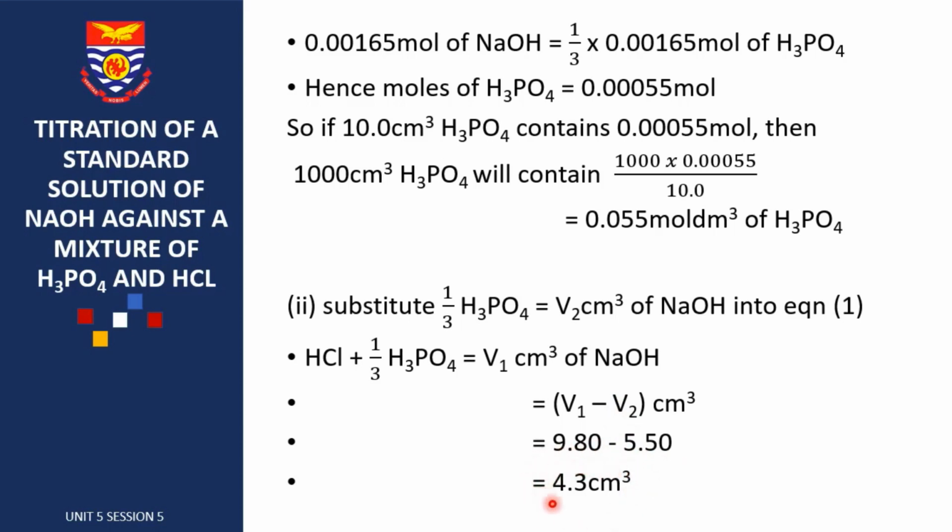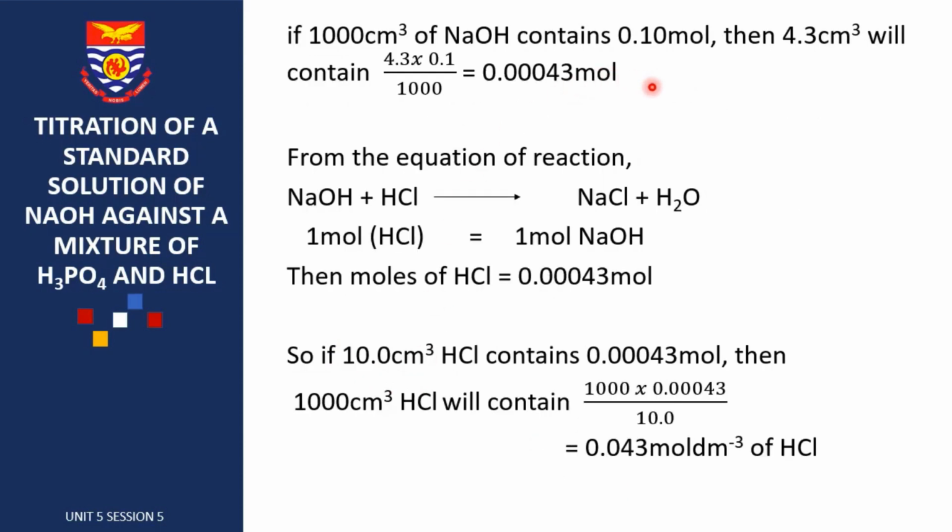So it is 4.3 cubic centimeters of the sodium hydroxide that completely reacted with the hydrochloric acid. Alright, so now that we know the volume of the sodium hydroxide that reacted, we can convert it into moles and continue with our mole ratio.